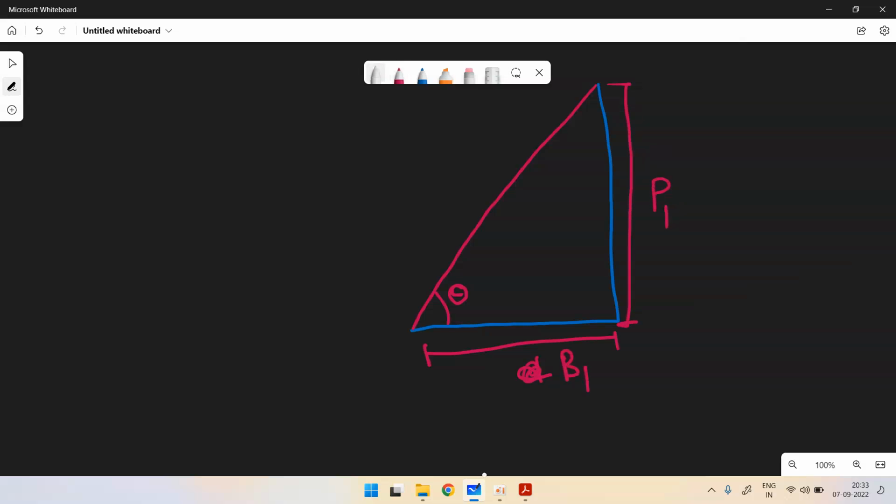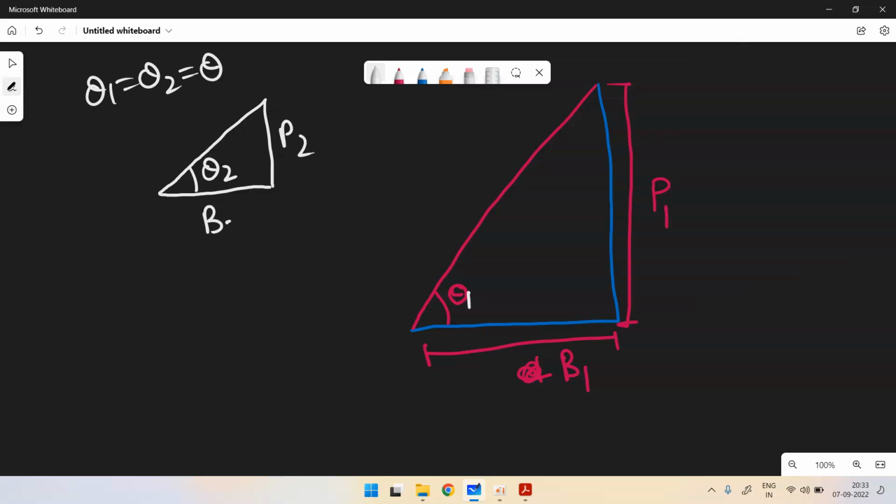And if there is some other object whose height is lower than this, and this is theta 1 and this is theta 2, but I know that theta 1 is equal to theta 2 equal to theta, and this is P2 and this is B2, then he said that these ratios will be the same, that is sine theta 1 equal to sine theta 2 equal to P1 by B1 equal to P2 by B2.